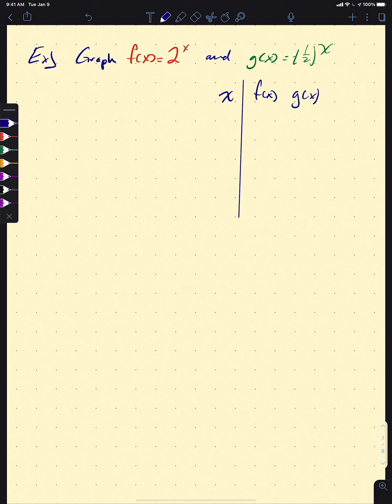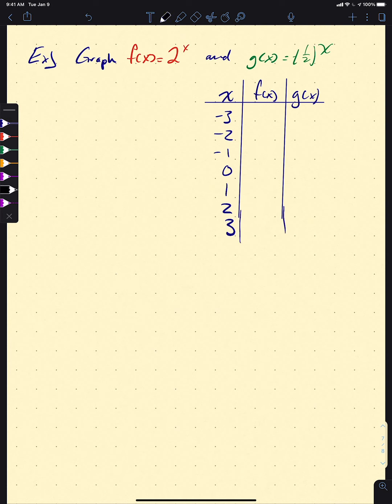I guess we'll go from -3 to 3, because I feel like that will get us a representative sample. Then we can graph those.